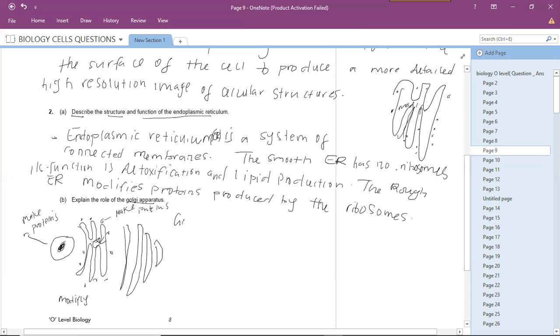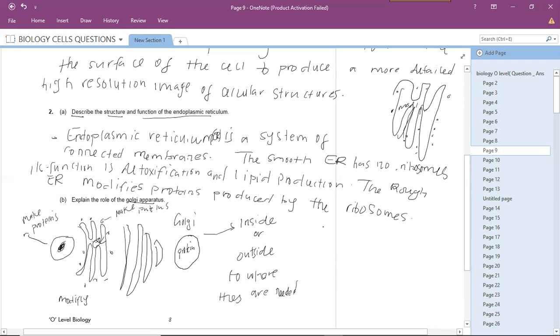And then the Golgi apparatus is going to package those proteins, get those modified proteins, so the protein is inside there. Get the protein, package it into transport vesicles, and deliver the proteins to the inside of the cell or the outside of the cell, where they are needed.